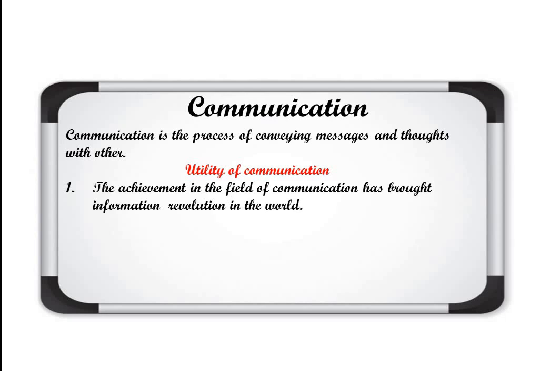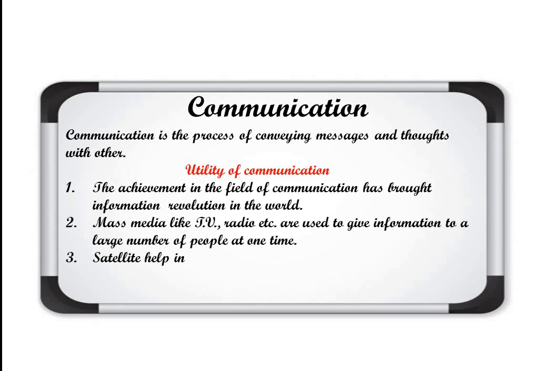We know that at present, within seconds we can talk to people who are sitting in any part of the world. So that really brought the information revolution in the world, just because of communication skill. Next, mass media like TV, radio, newspaper are used to give information to a large number of people at one time.